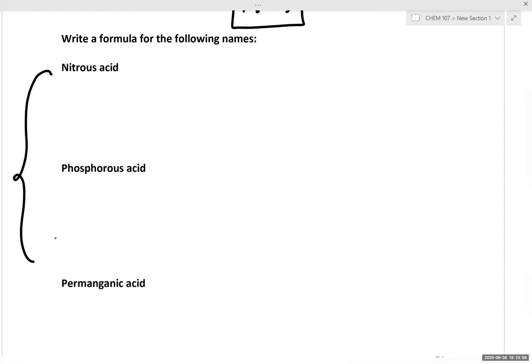Let's get some proposed formulas for each of these three names in the chat, and then we'll discuss in about another 3 minutes.